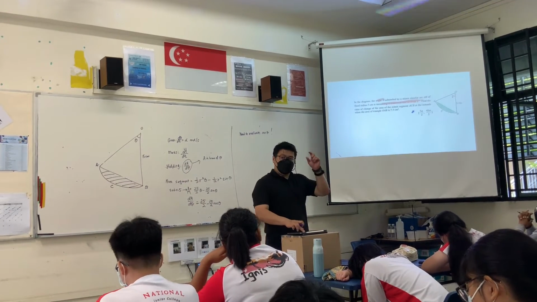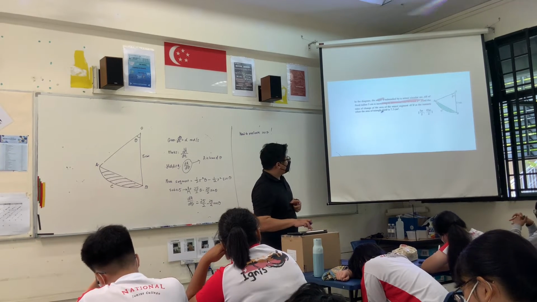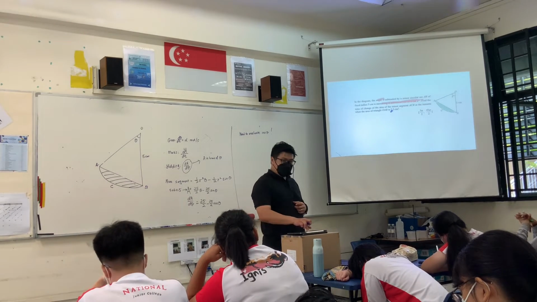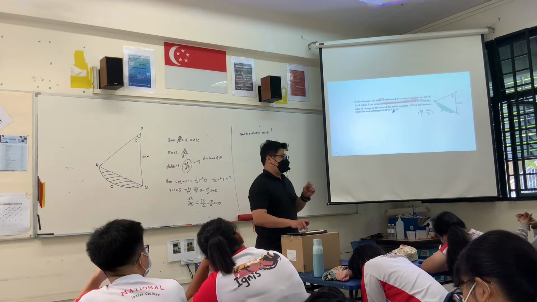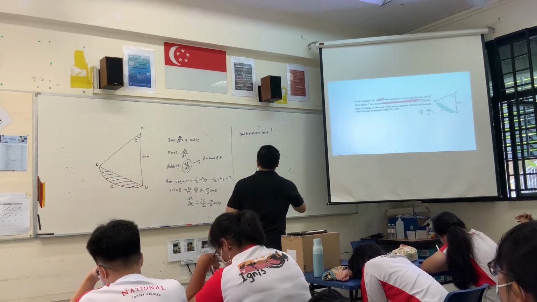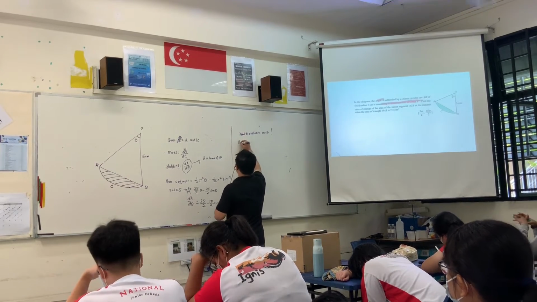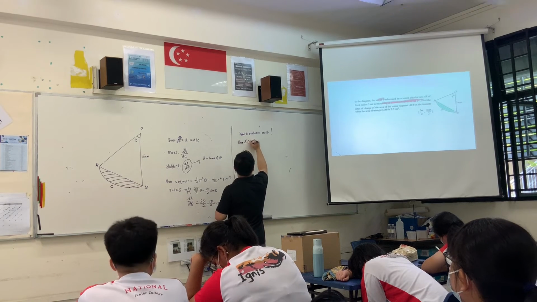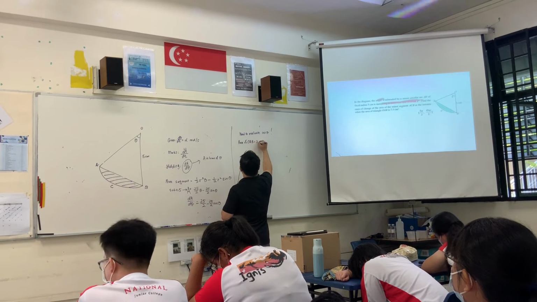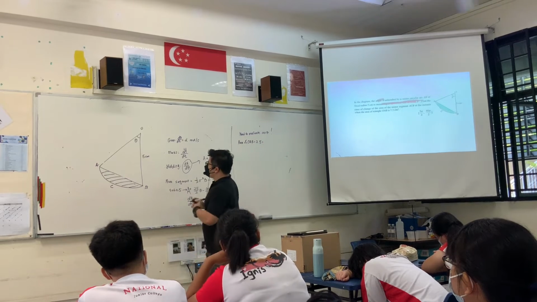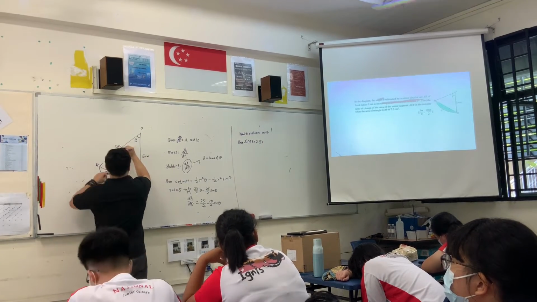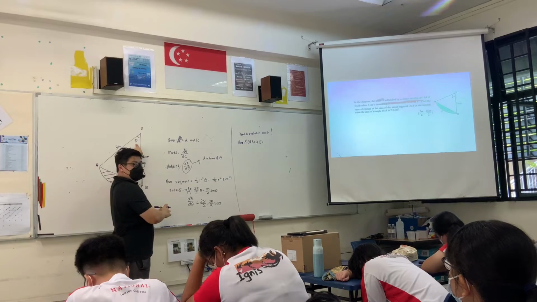Now the numerical proof that it gives us is that the area of the triangle is 7.5. The area of triangle OAB, which is 7.5, is also equal to half AB sine theta.